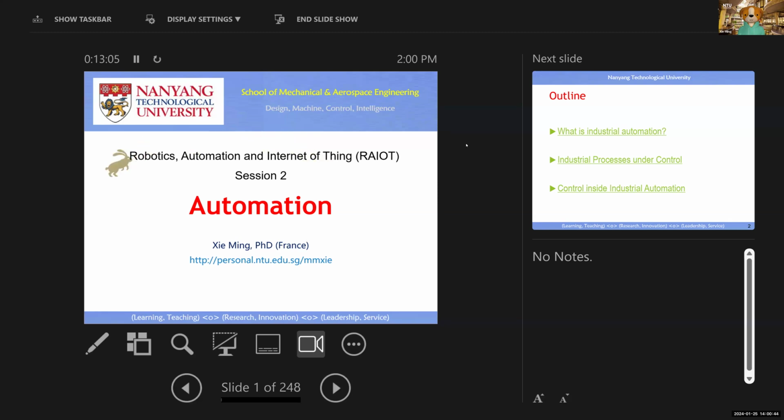So you remember in session one, we studied some basic knowledge about robotics, all right? And if you think about the application of a robot, the first scenario should be industry automation, right?